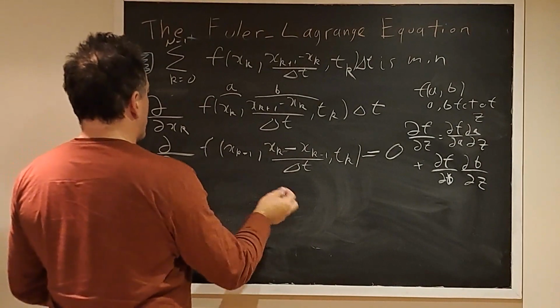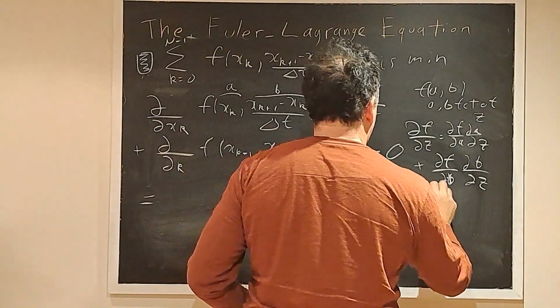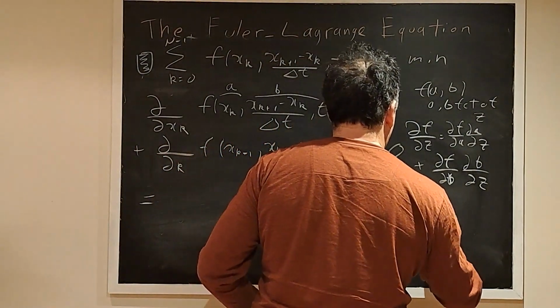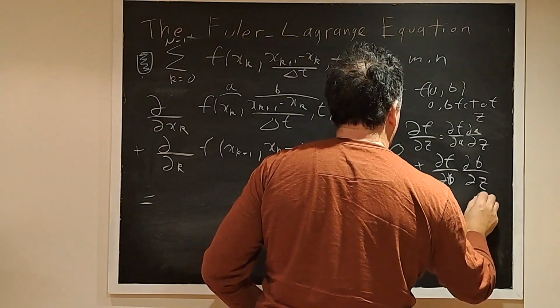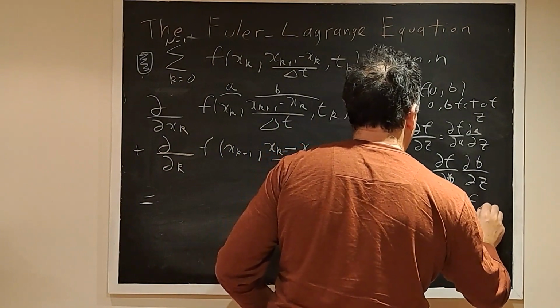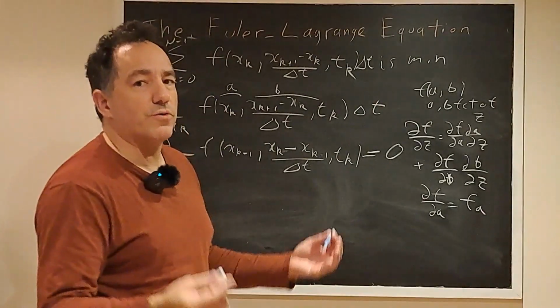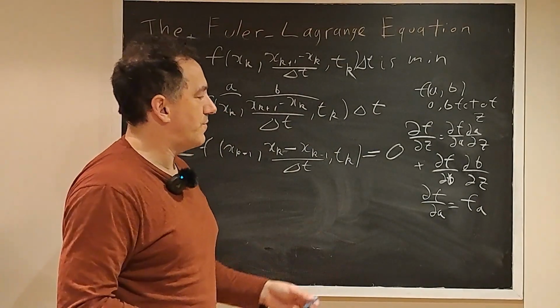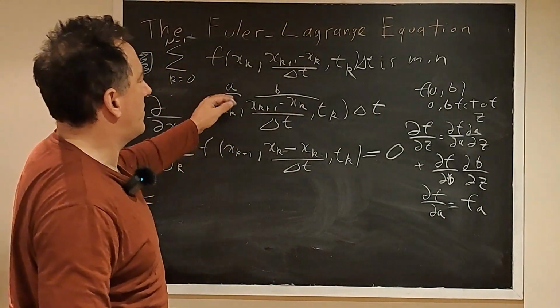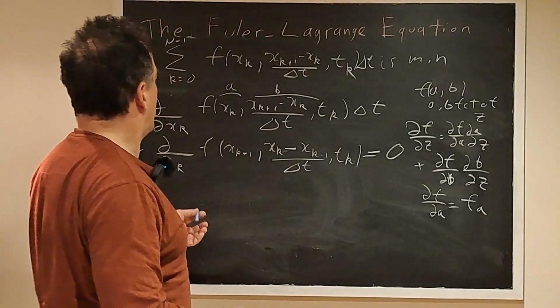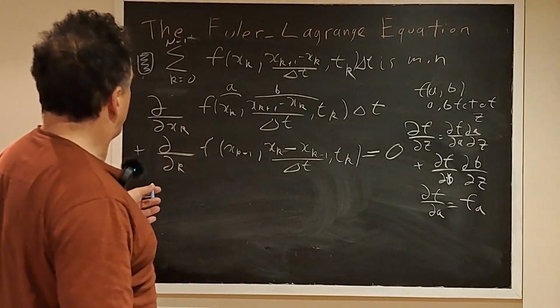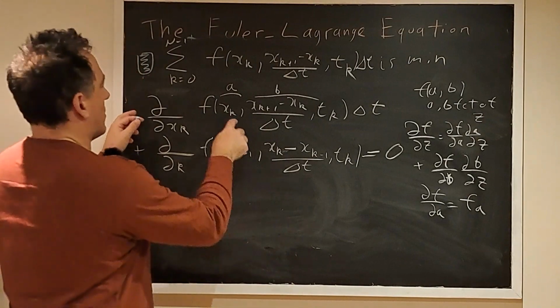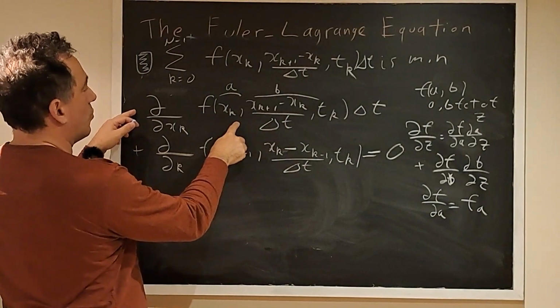We'll use a notation fa for del f del a, which is one of the standard notations for partial derivatives, so that we don't get mixed up in all the x's and so on. So if we take this derivative, well, there will be two terms here.